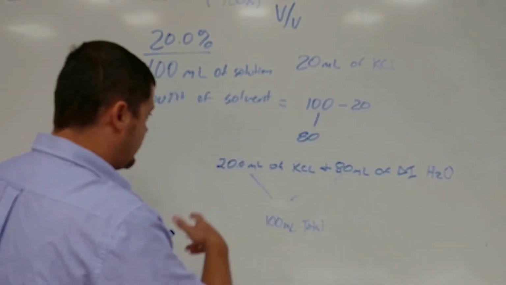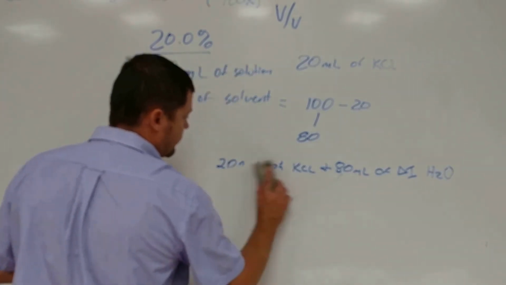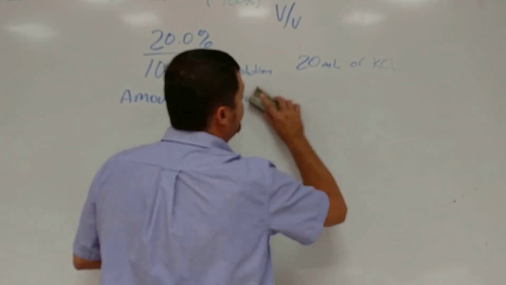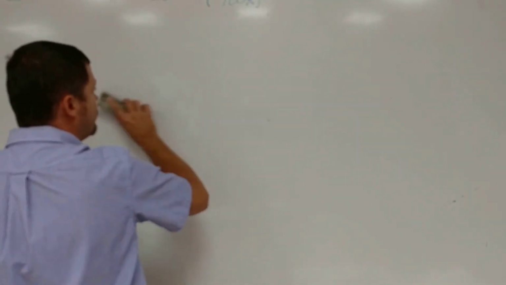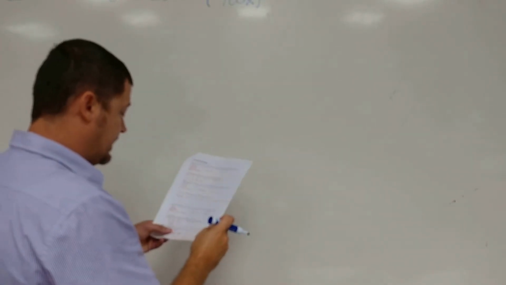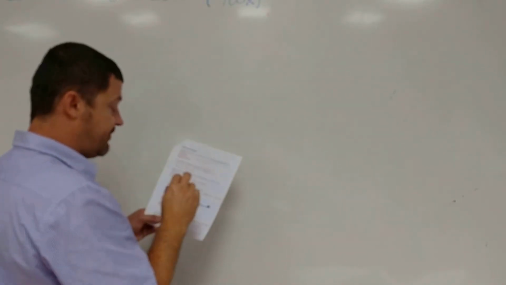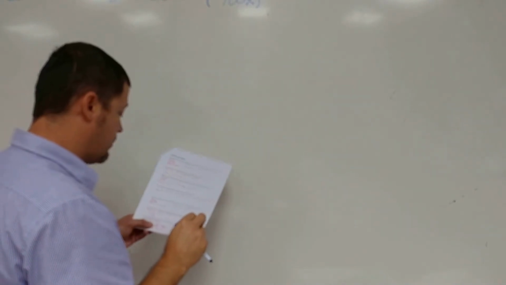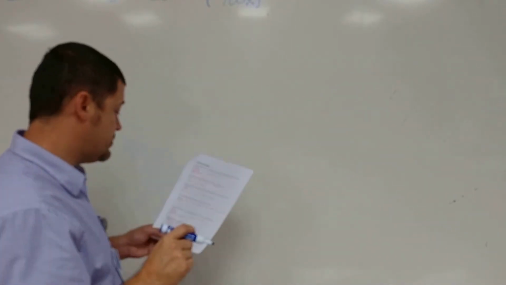Now to take this a little bit further, let's say that you are asked to make up 40 milliliters of a 25% volume over volume concentrated KCl solution. So how would you go about doing this?